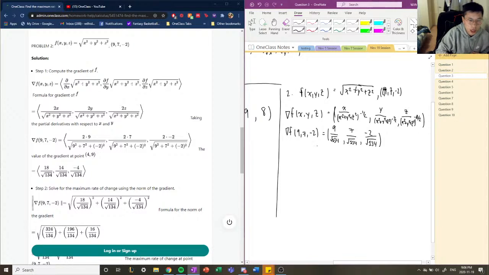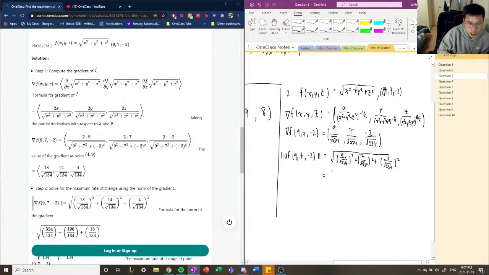All right, and now we're going to need to calculate the magnitude. Okay, so the magnitude of this equals the square root of 9 divided by the square root of 134, squared, plus 7 divided by the square root of 134, squared, plus -2 divided by the square root of 134, squared.